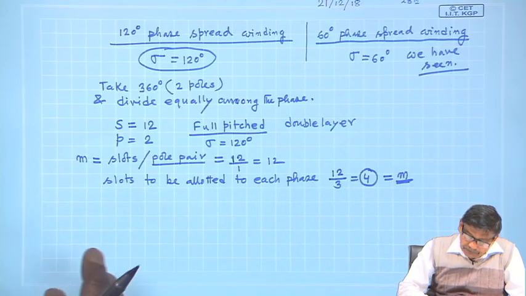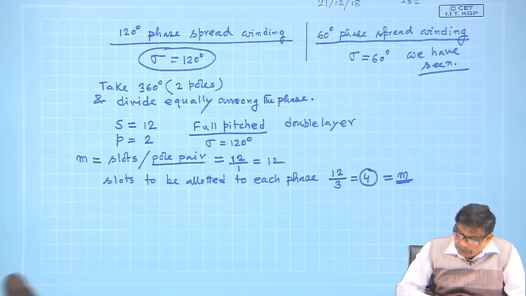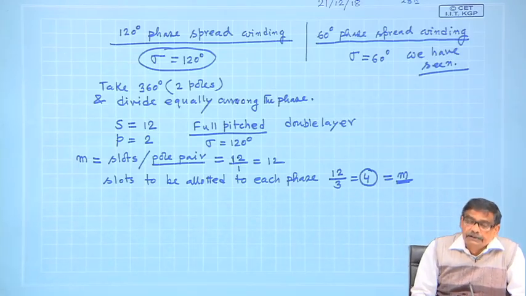So, 12 slots are there over 12 poles, per pole it will be this value of m.